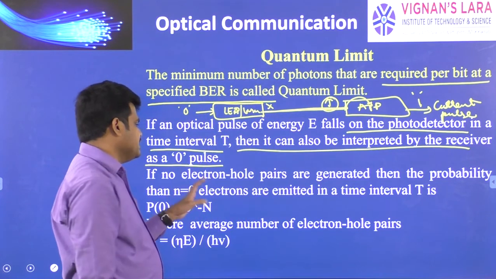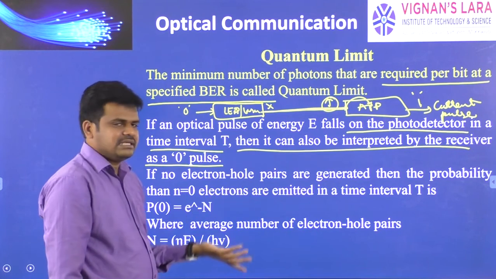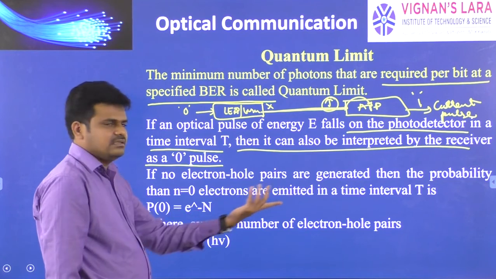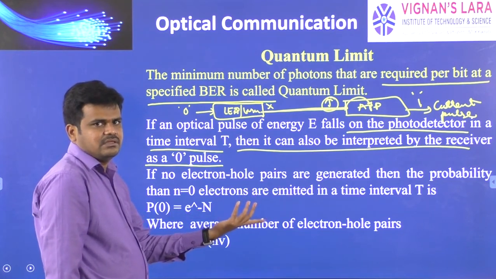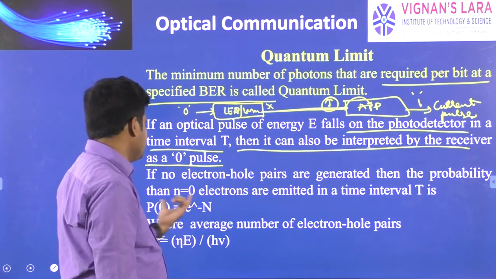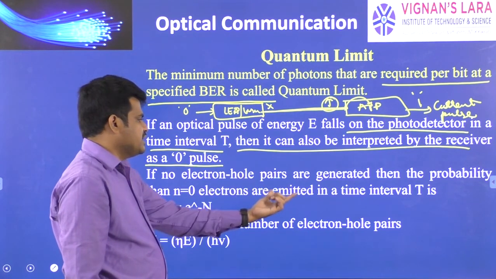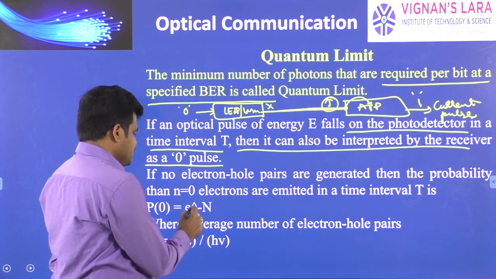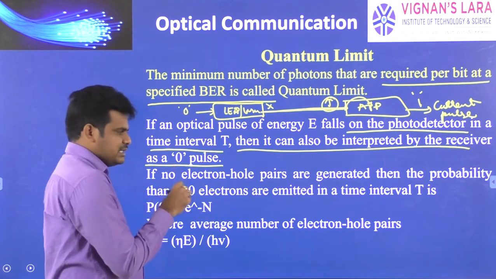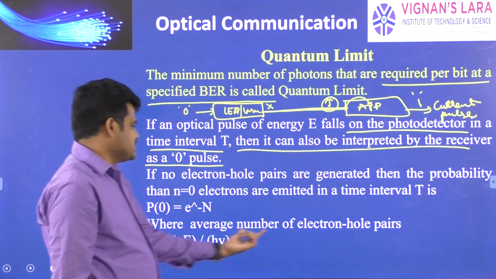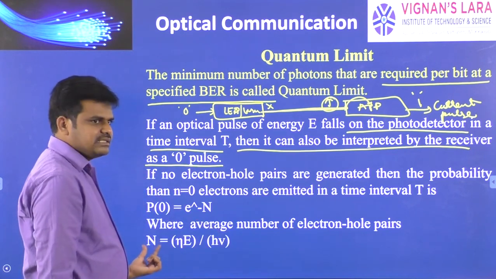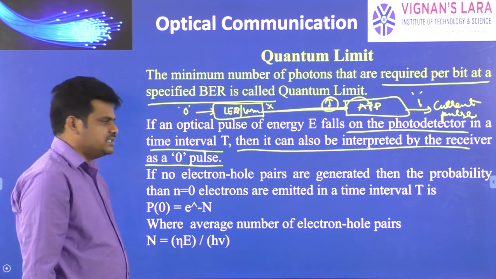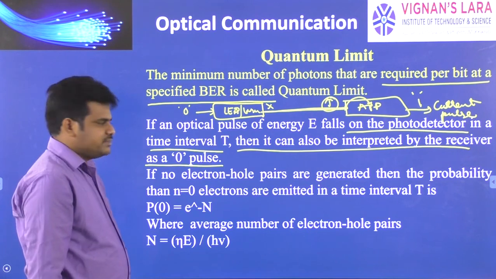If no electron hole pairs are generated, the probability that n equals 0 electrons are emitted in a particular time interval is written as P of 0 equals e power minus N, where the average number of electron hole pairs N equals eta E by h nu.